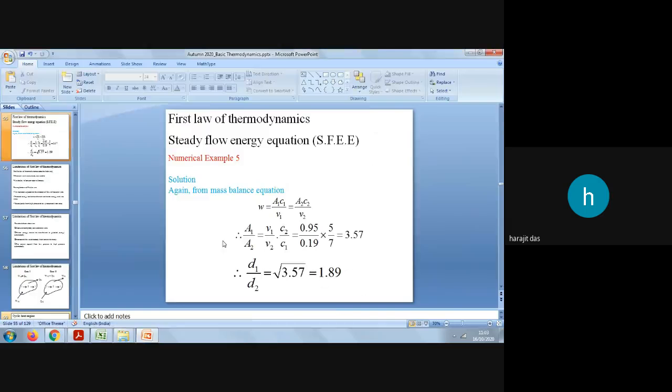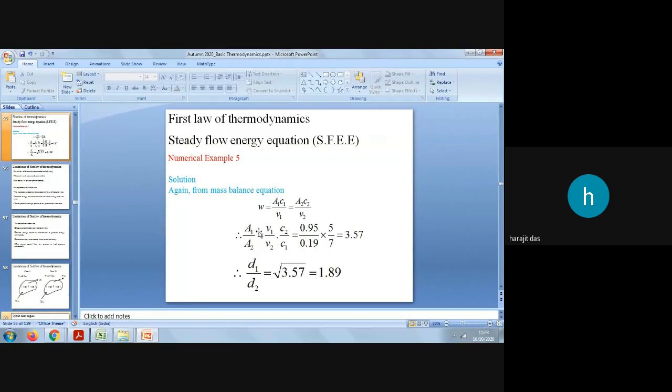So that is why I am writing a1 c1 by v1 equals a2 c2 by v2. From here you can find the ratio, because a1 by a2, if it is a cylindrical pipe, will be the same ratio as d1 by d2. After rearrangement, a1 by a2 will be 3.57, as it is d1 square by d2 square.